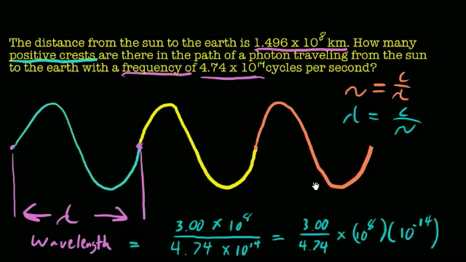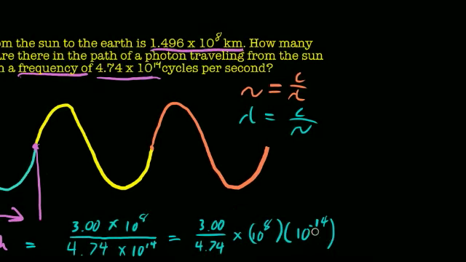What do we do with this expression? Well, we can just add these two exponents together. What is 8 minus 14? That's going to be minus 6, or 10 raised to the minus 6 power.